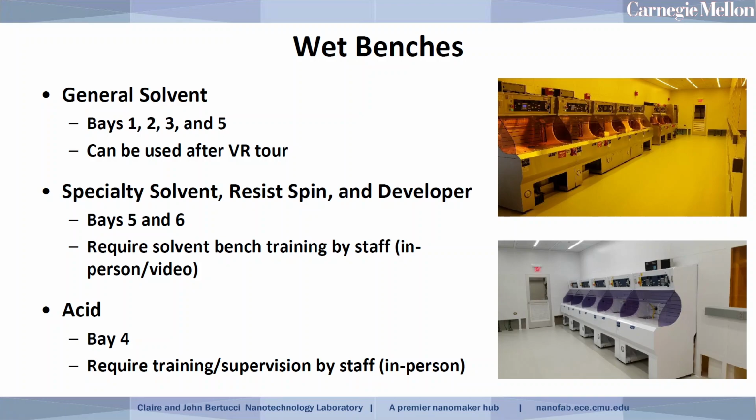And these wet benches, as I mentioned, are used for simple acetone and IPA cleans. They're plumbed with DI water and nitrogen, and they also have multisonic generators for liftoff applications. So these you'll be able to use right after the virtual reality tour, as folks have a lot of different needs for these benches. Sometimes it's just for cleaning samples, other times for liftoff processes, as I mentioned.